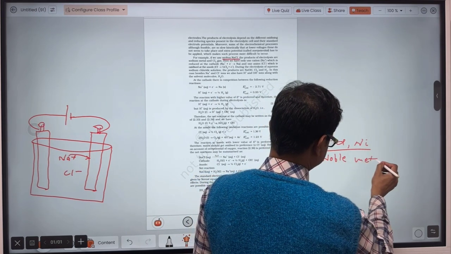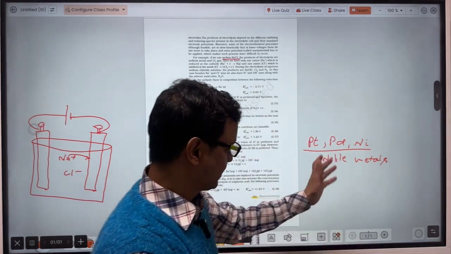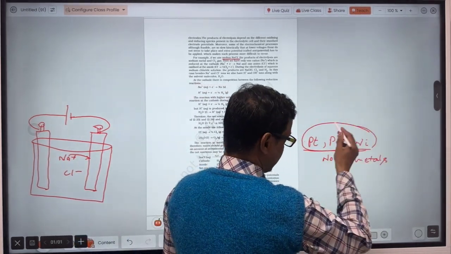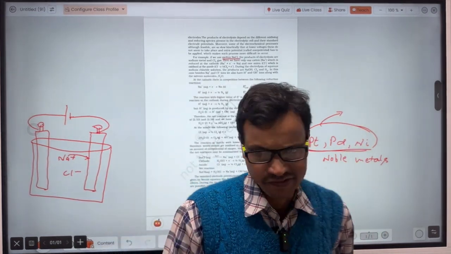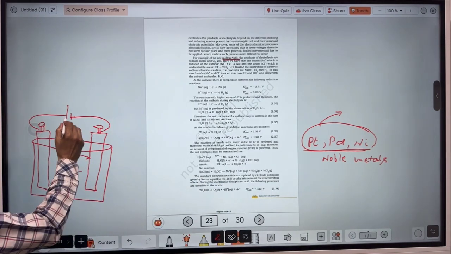When we take noble metals, they will act as a source of electrons or a sink of electrons. That means negative charge is added here.